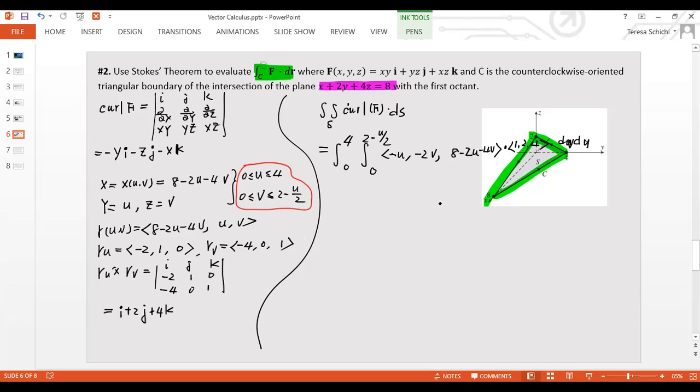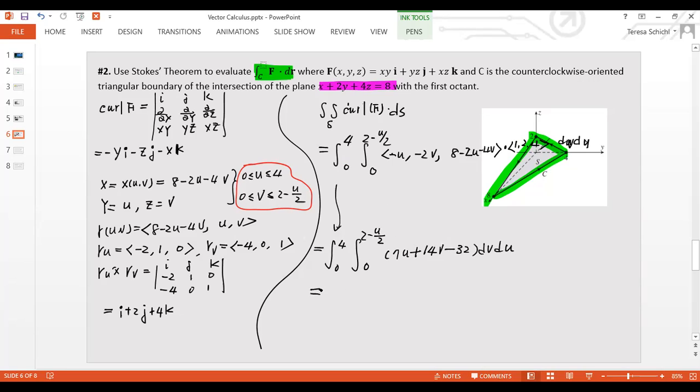Let me write this down to be clear. This is 0 to 4, and this is 0 to (2 minus u over 2). You dot the product and simplify, and it gives you 7u + 14v - 32, dv du.